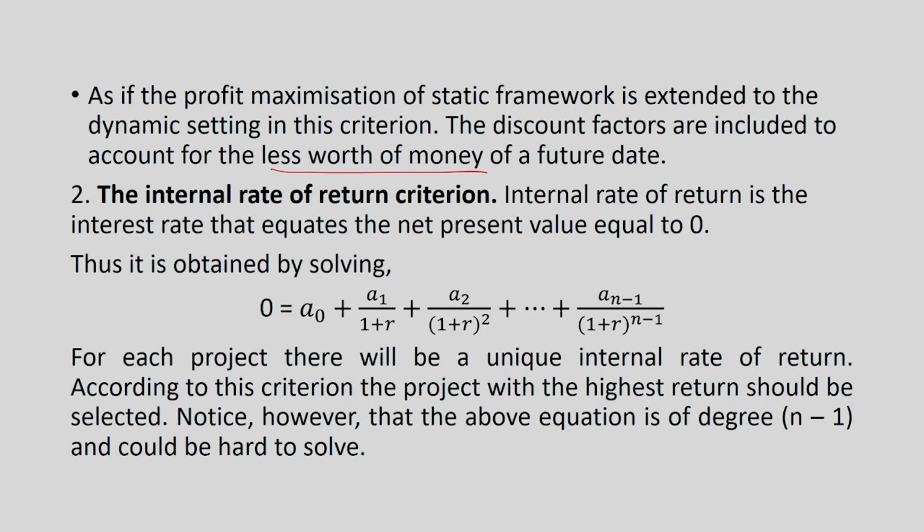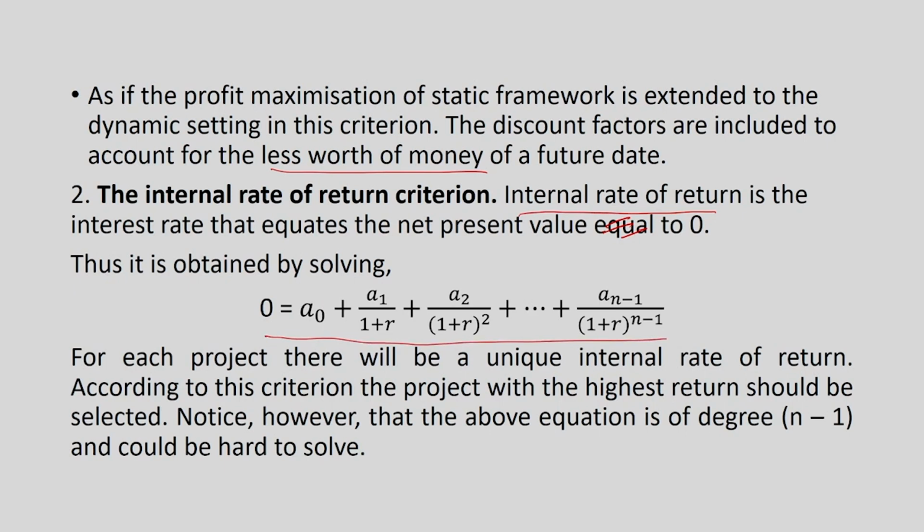This was the first criterion, and the second criterion is the internal rate of return criterion. What is the internal rate of return? The internal rate of return is the interest rate which equates the net present value to 0. It is obtained by solving this equation. Remember, this is the expression for net present value on the right hand side.